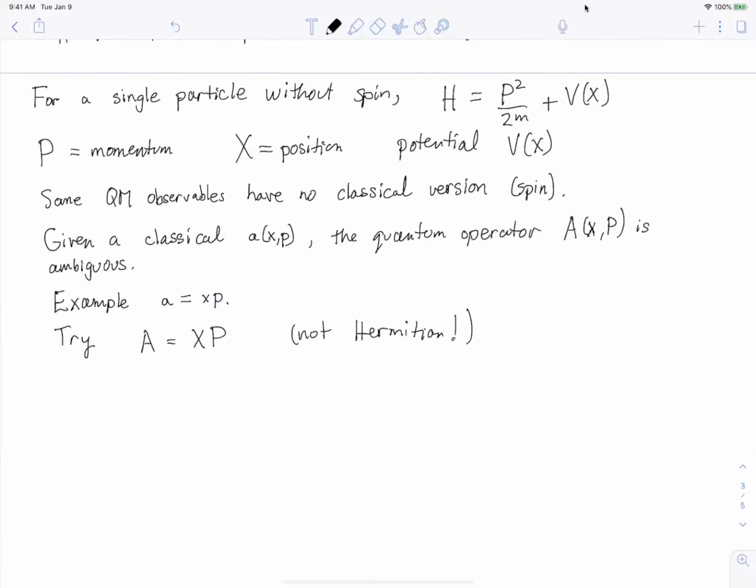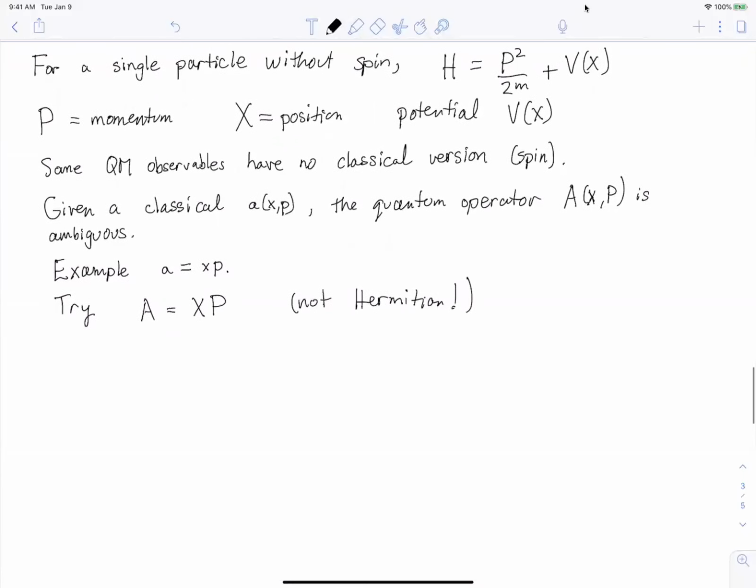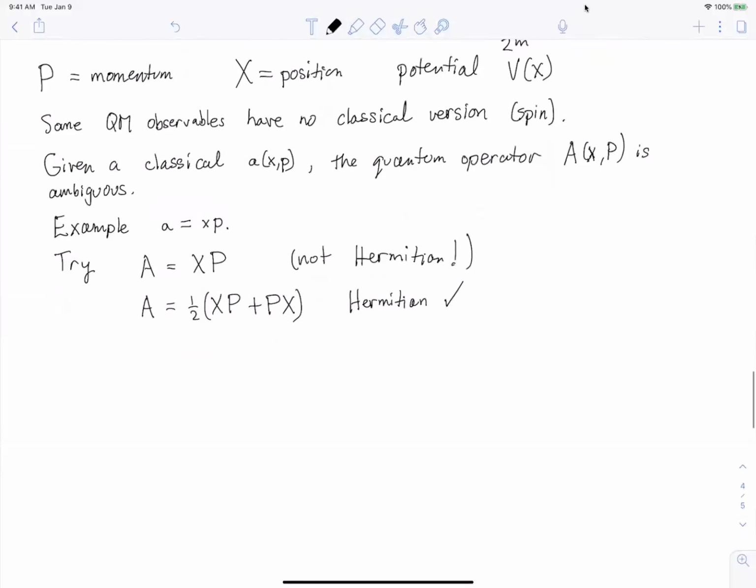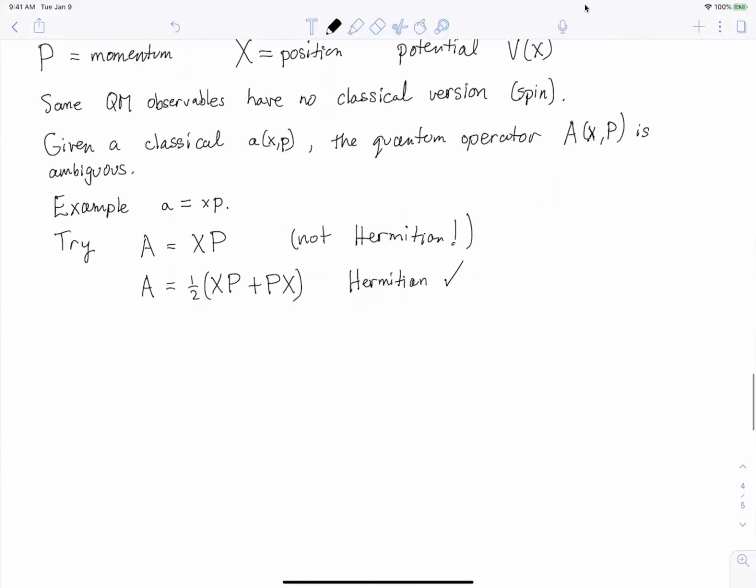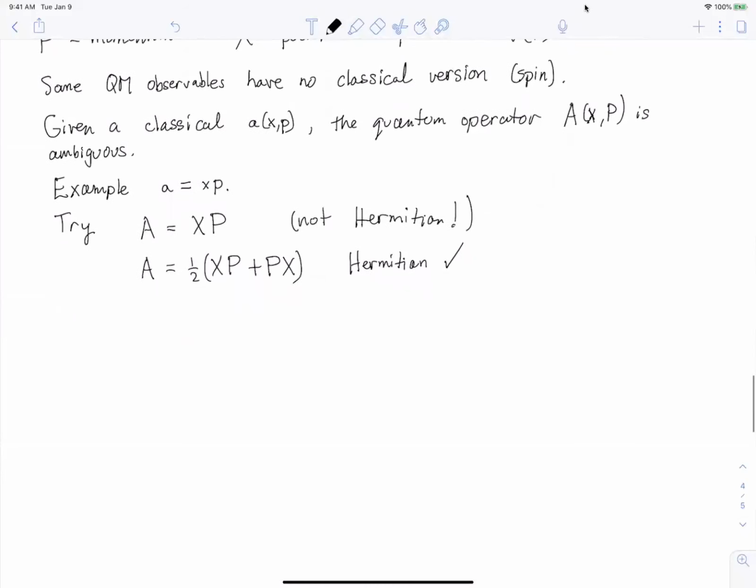And if it's not Hermitian, that means it's not eligible to be an observable. Okay, so you can define the operator, but it's not something you can measure. On the other hand, you can try 1/2 times X times P plus P times X, sort of the average of the different possible ways you could order it, and it turns out it is Hermitian. So that could be an observable, and so it's something you could measure, even though classically those two things look like the same thing.